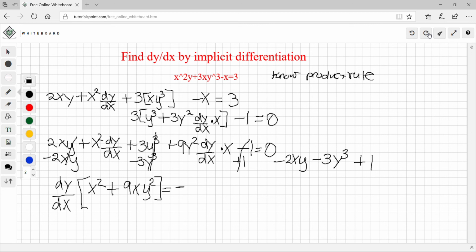Equals negative 2xy minus 3y cubed plus 1. So I want to get dy/dx by itself, so I divide both sides by x squared plus 9xy squared.